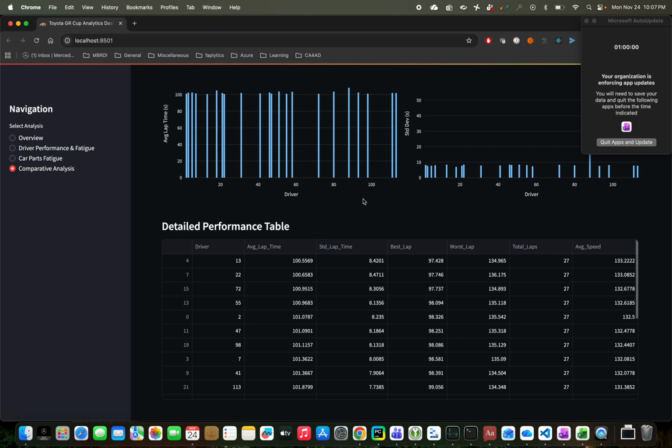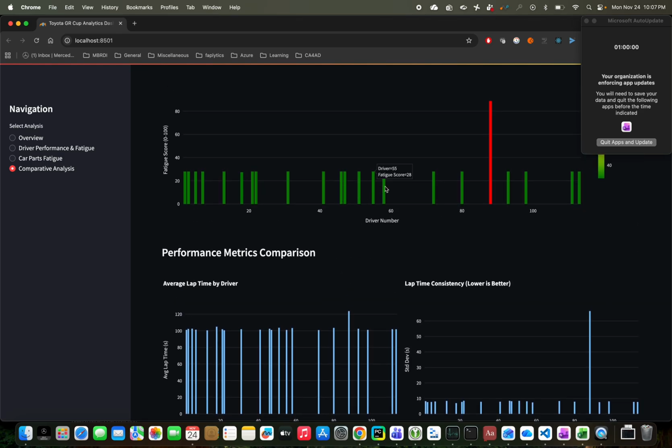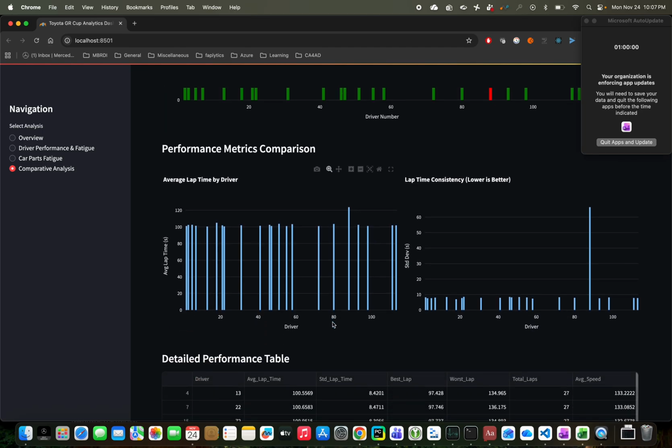The interaction with the dashboards and the charts has been designed in such a way that people can change and look at the fatigue score, can zoom into the dashboard, and various other features have been built into it.